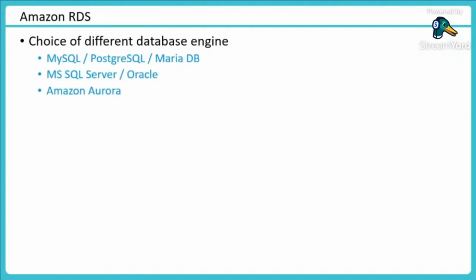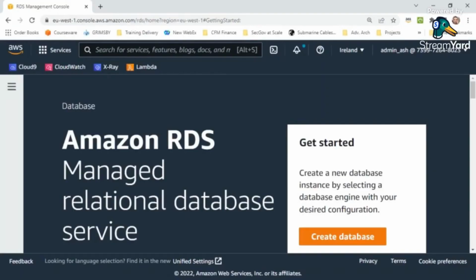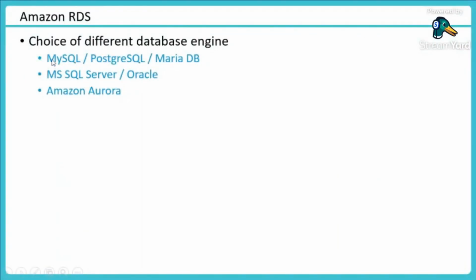Now, can anyone tell me why I have kept the first line with 3, the second line with 2, and the third line with 1 only? What is the grouping criteria here? What can you relate from MySQL, Postgres, and MariaDB? And what can you relate from Microsoft SQL and Oracle? Open source, yes, exactly.